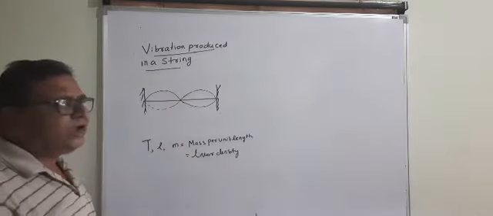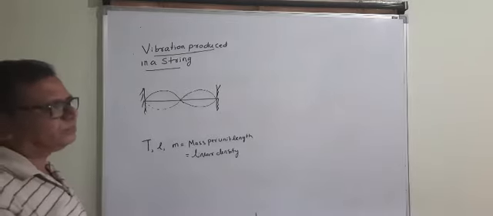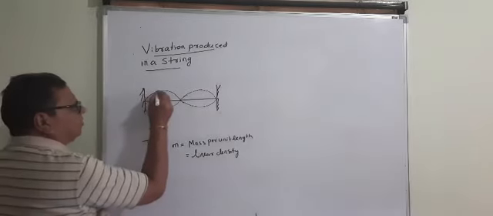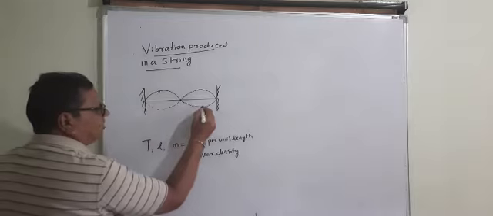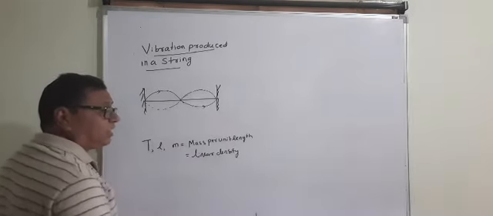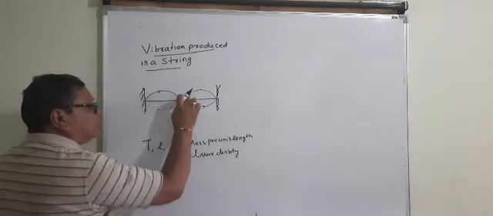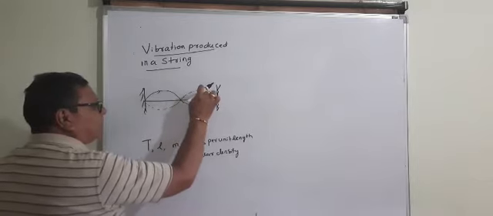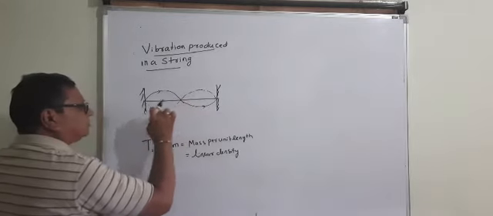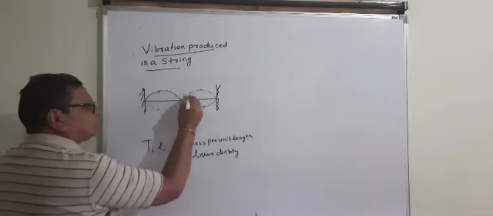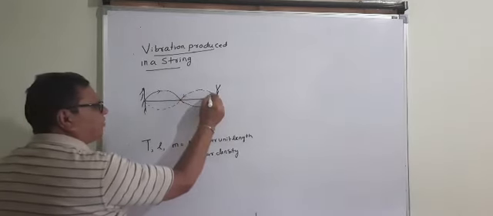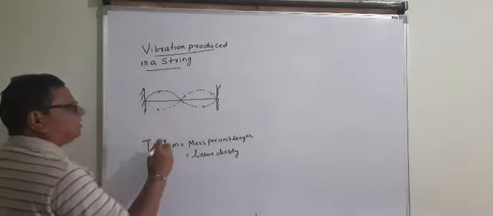Incident wave is denoted by a bold line, and reflected wave is drawn by a dotted line. Incident wave and reflected wave interfere with each other.